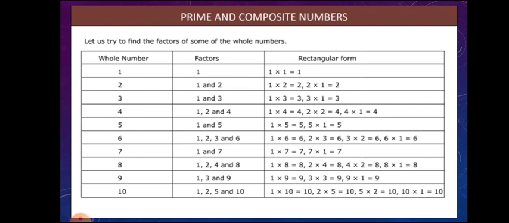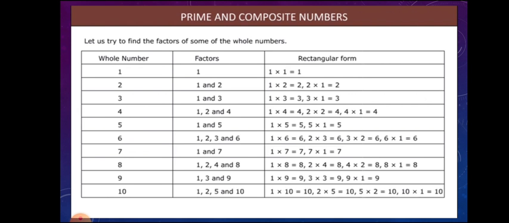Factors of 5 are 1 and 5. Factors of 6 are 1, 2, 3 and 6. Factors of 7 are 1 and 7. Factors of 8 are 1, 2, 4 and 8. Factors of 9 are 1, 3 and 9. Factors of 10 are 1, 2, 5 and 10.